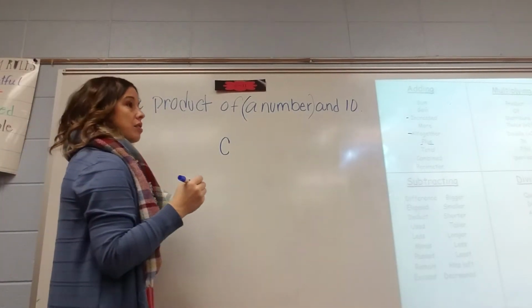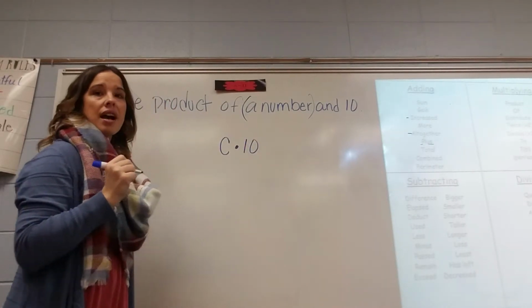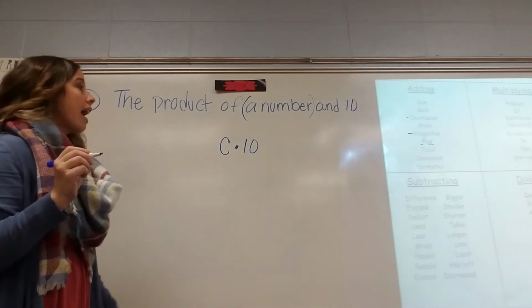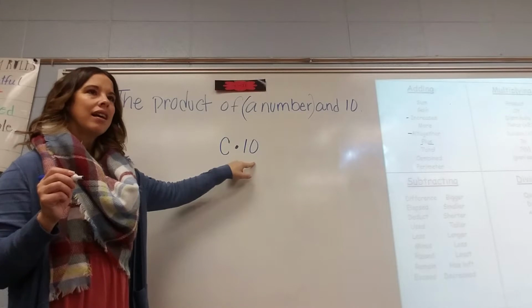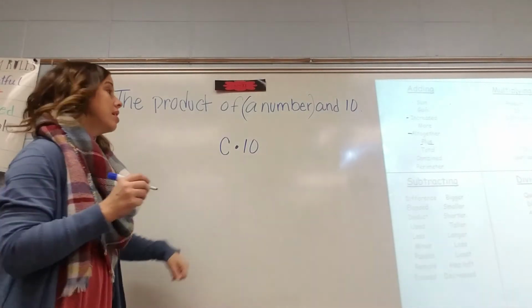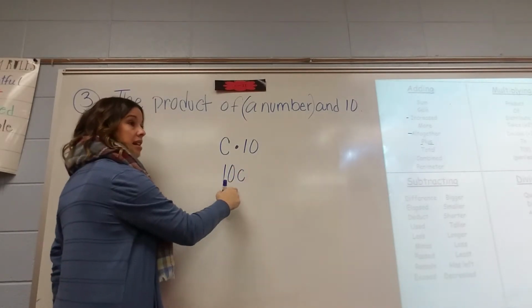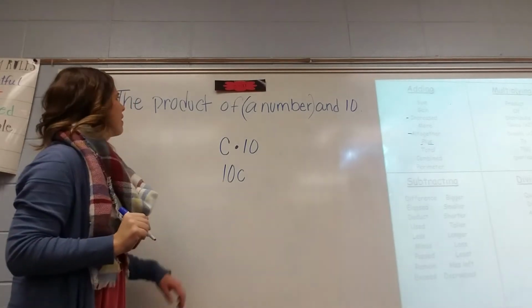Okay? So you could do C dot 10, because doesn't the dot mean to multiply? We could also write it as, wait, which number is the coefficient here? The 10, because it's the number that's multiplied by the variable. So I could also write it like this, 10c, because this means 10 times c, or the product of a number, because I don't have that word than, right?